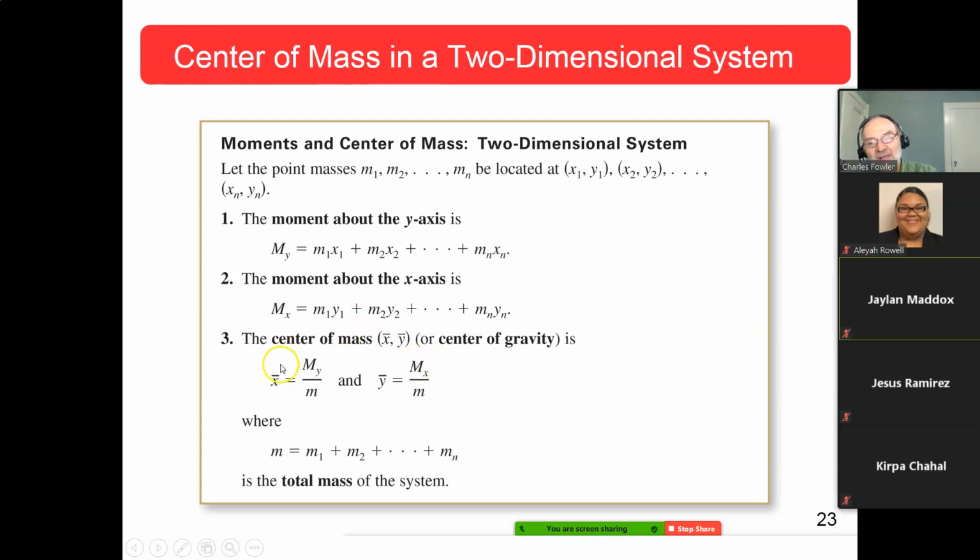So x bar has the moment with respect to y, y bar has the moment with respect to x, and the total mass is the summation of all the masses.